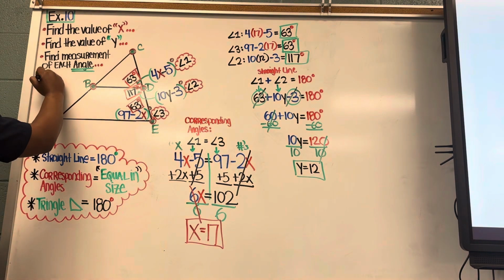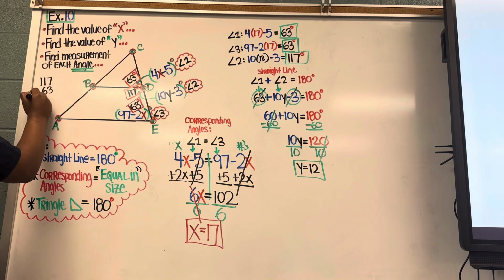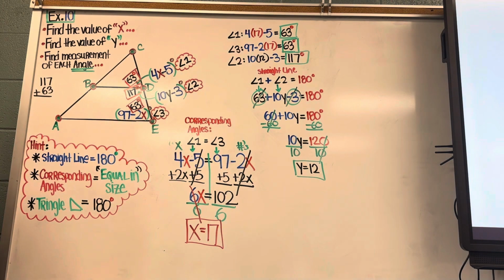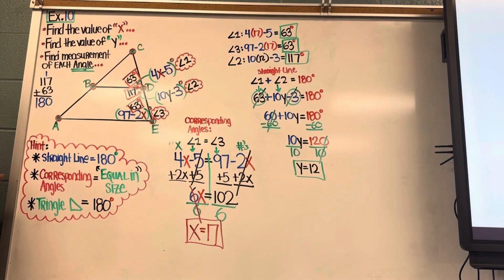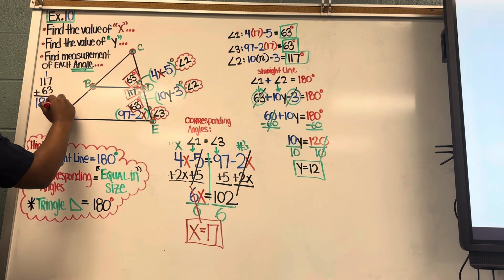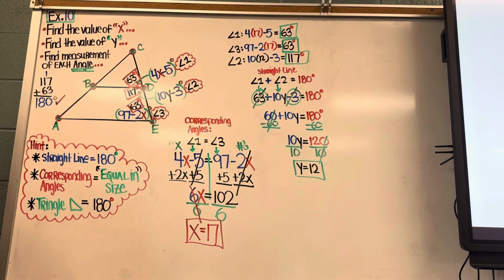So let me just add 63 to 117 and make sure that we get 180. 7 plus 3 is 10. I'm going to carry the 1. 1 plus 1 is 2. 2 plus 6 is 8. And I'm going to bring down that 1, which makes 180. That proves we have all the right measurements of each angle, and the right values for x.